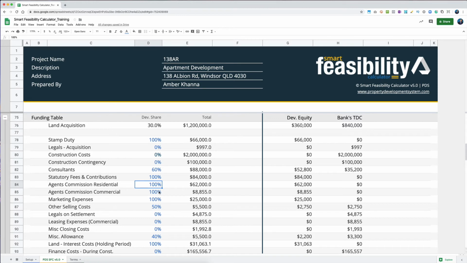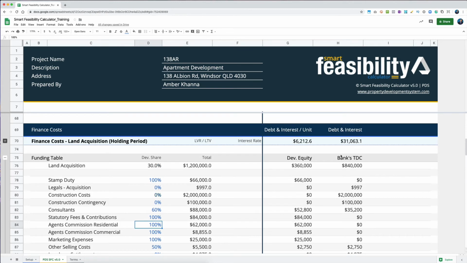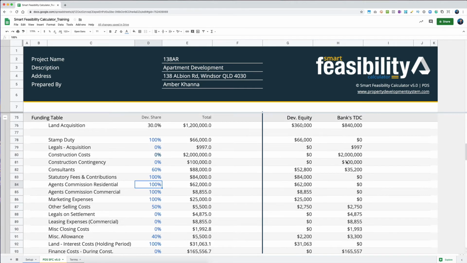So that never actually hits your account because it's taken out right at the source. So they may not consider this because what we are doing here, we're trying to inflate the total cost of the development that the bank will consider as the total cost and then lend you money based on that total.